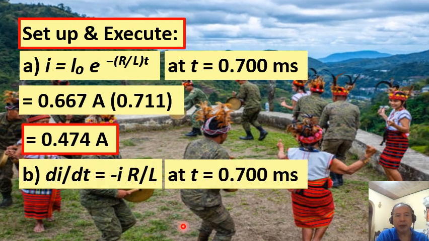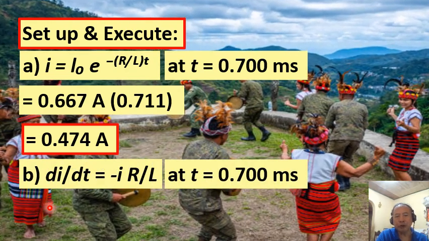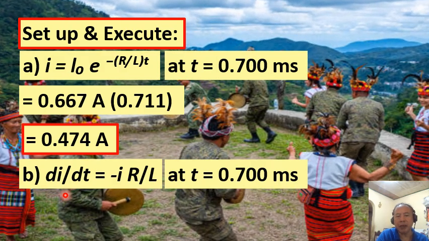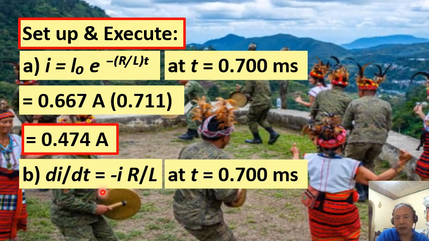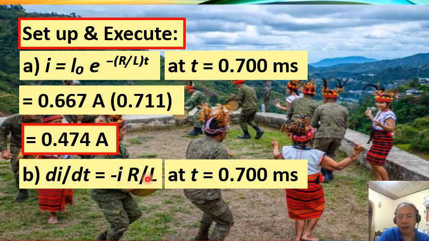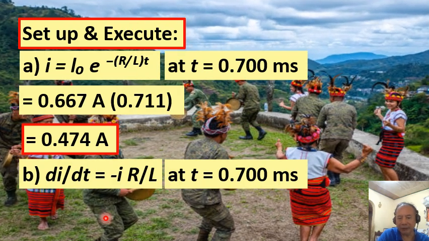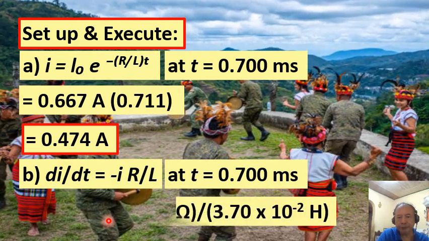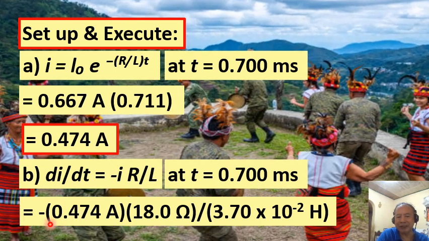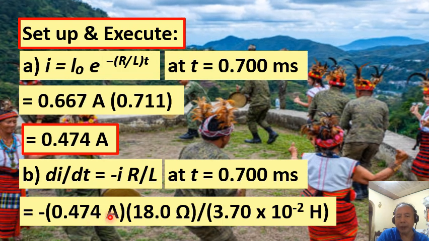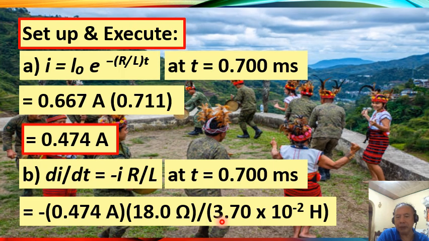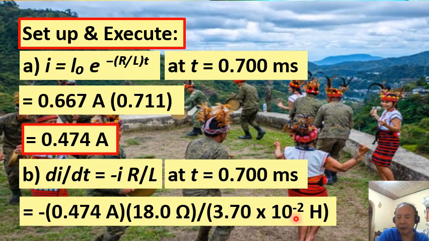Then, in part B, where we are asked to determine the rate of change of the current denoted by di over dt, that is simply equal to negative i times big R, then divided by capital L. Or the rate of change of the current, di over dt, equals negative 0.474 amperes times 18.0 ohms and divided by 3.70 times 10 to the negative 2 Henry.